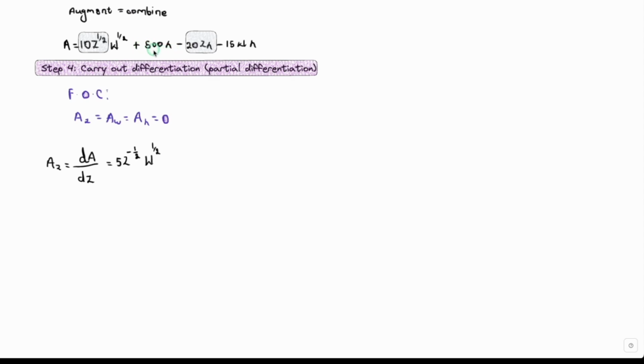There is no z here, so I choose to ignore that. Is there a z here? Yes, there is. I differentiate in the same manner. I take the power here. The power here is 1, even though we cannot see it. It's a 1 multiplied by the 20. So the sign remains minus 20. The z is to power 1. I subtract 1 from that power, so 1 minus 1 is 0. A number to power 0 is 1.